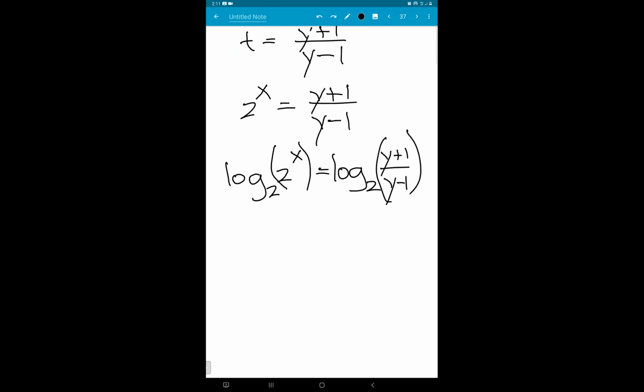Do the two functions cancel each other out? The first one is an exponential function base 2, the inner one, and then the outer one is a logarithmic function base 2. So that means the left-hand side is just your x, and you're done.